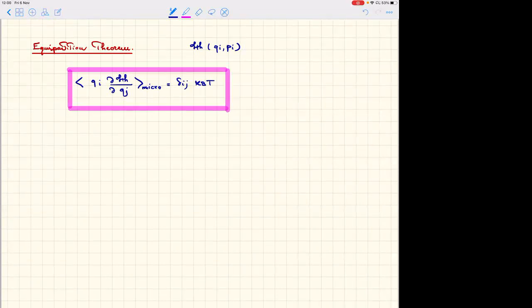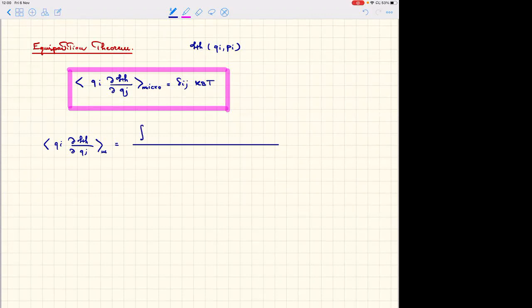Now, let me prove it for you and then show you what the implications are. Well, this average is defined as follows. So let me put a line here.